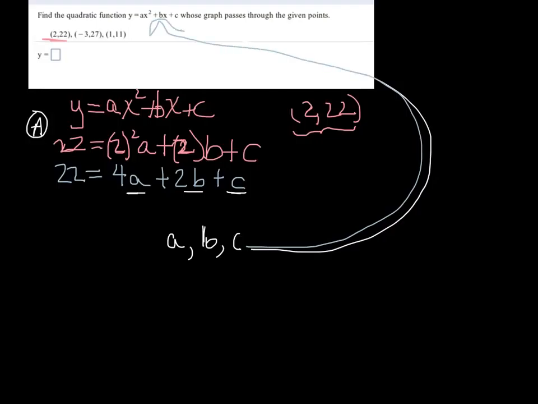So your equation would say something like y equals whatever you found your a to be. Say you found a to be 3. Then y would equal 3x squared plus whatever your b was times x plus c.